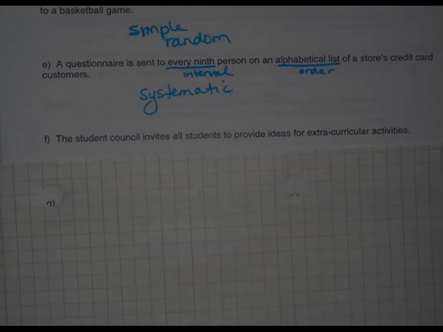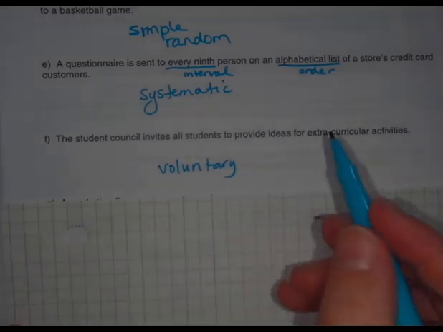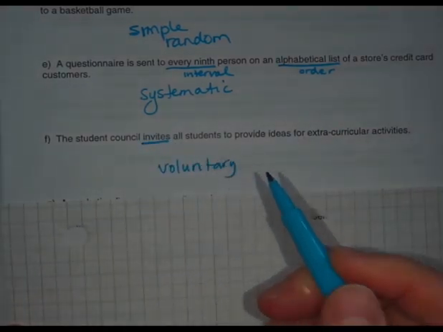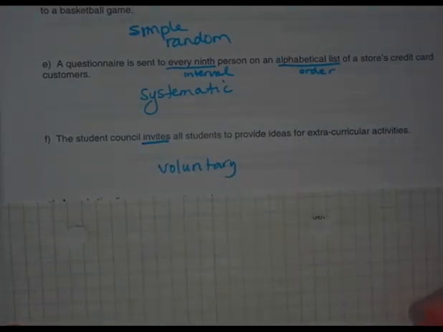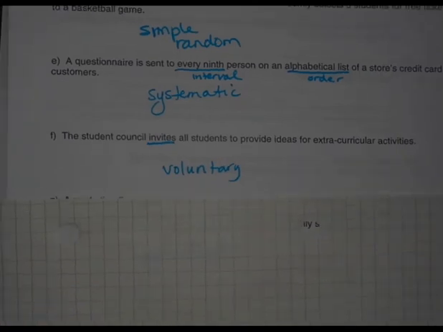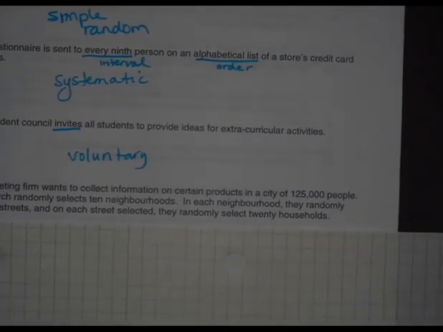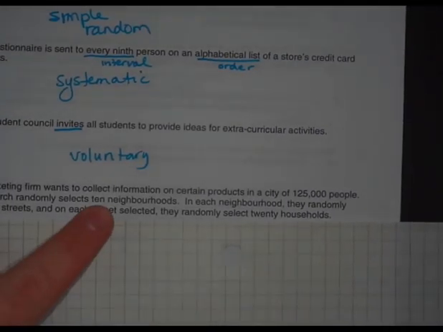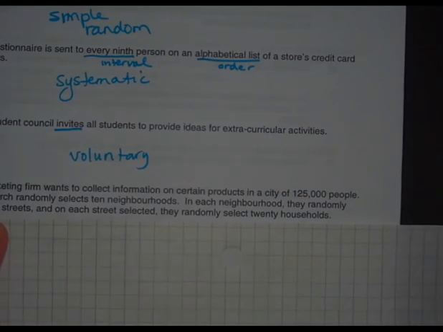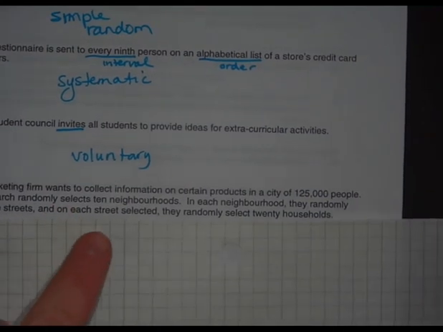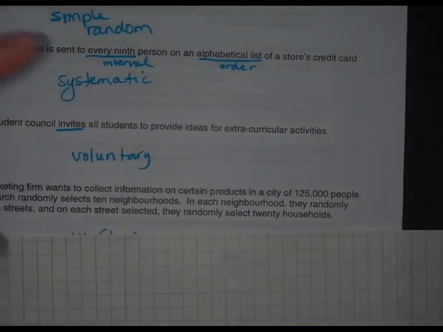School council invites all students to provide ideas for extracurricular activities. Voluntary. Keyword, invites. You're inviting students to take your survey or provide ideas. Marketing firm wants to collect information on certain products. They randomly select 10 neighborhoods, and then in each neighborhood they randomly select 5 streets, and on each street they randomly select 20 households.